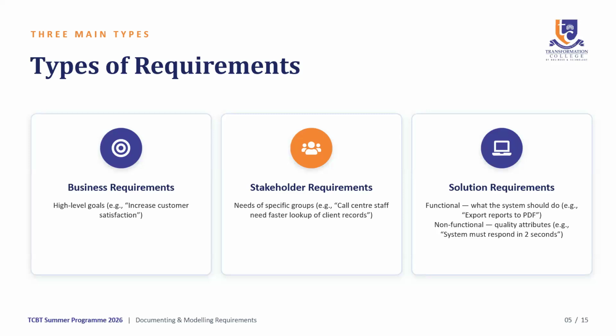Then the functional requirement under the solution requirement speaks to what the system must do, what you need it to do. So an example here says export reports to PDF, for whatever reason you need from the business need. Part of the solution would be to export reports in PDF. So that's under functional requirements.